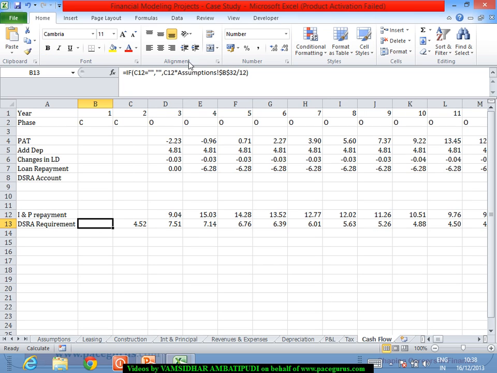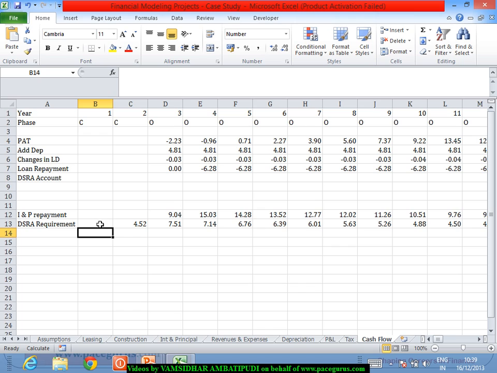Now I can adjust this formula straightforward, saying if the above one is blank, instead of putting if the next one is blank, I can simply go with if this above one is blank, leave it as blank, otherwise do it as a multiplication.